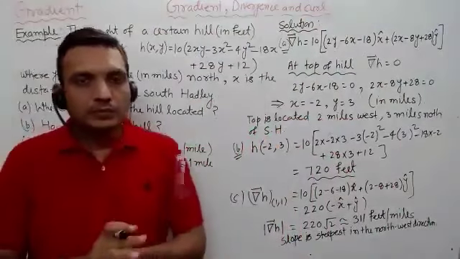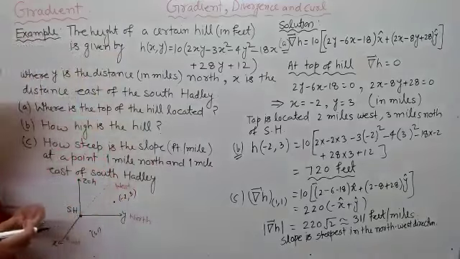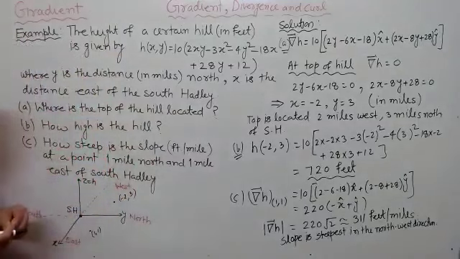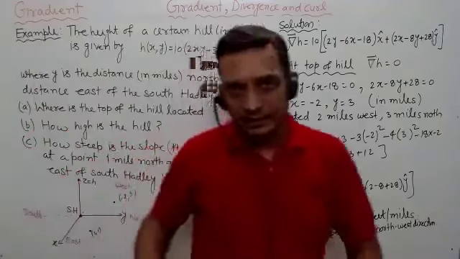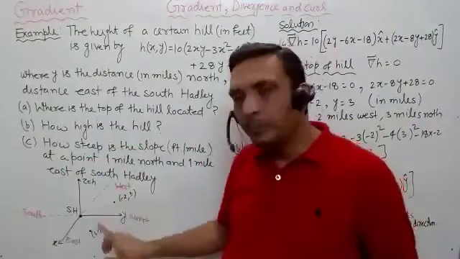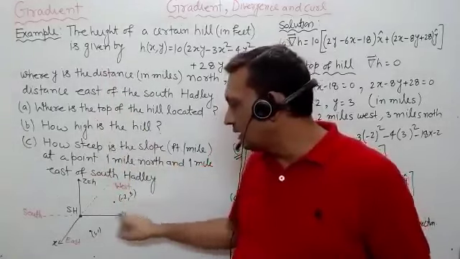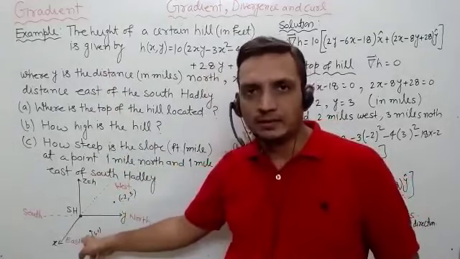Sir, here in the third question, the point is 1 mile north and 1 mile east. So here it is direction like 1 mile north and 1 mile east. You have another point. The height of the mountain is varying. If you calculate the peak, you will get it at (-2, 3). Let's say you are at this point.